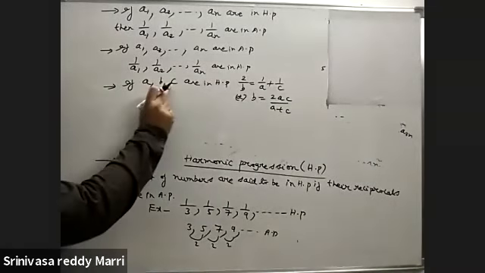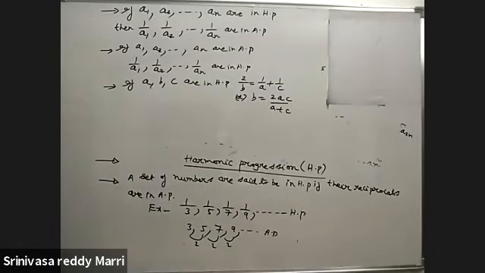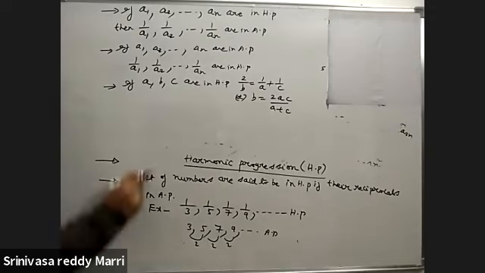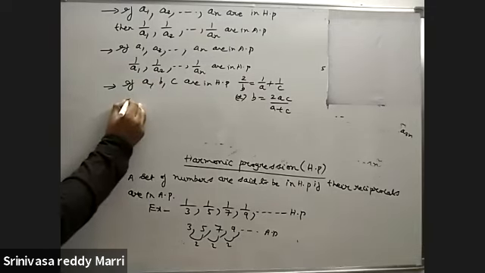Just like in AP it is A plus C equal to 2B, in harmonic progression it is 2/B equal to 1/A plus 1/C, or B equal to 2AC divided by A plus C.